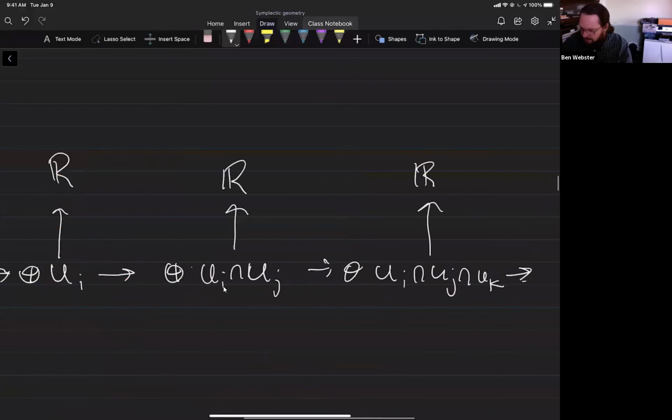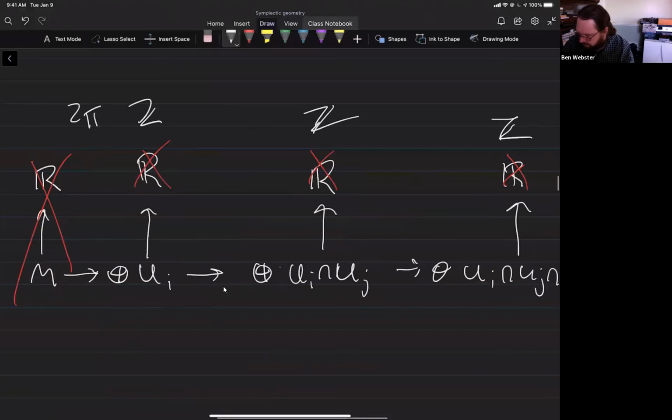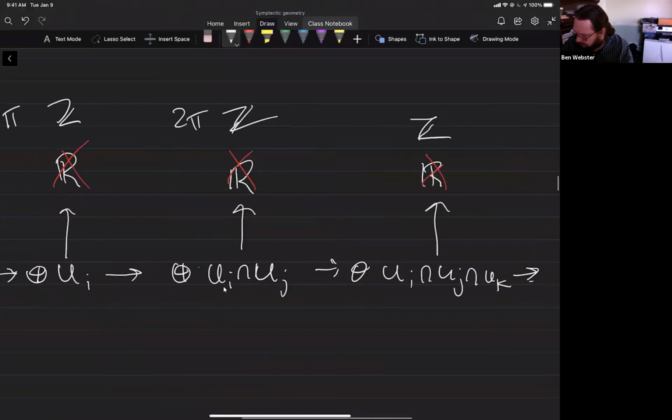The reason that this approach is nice is there's nothing special about R. So I can instead replace these with any abelian group. In particular, I can put 2πZ. So this Čech approach allows me to think about cohomology valued in any abelian group.